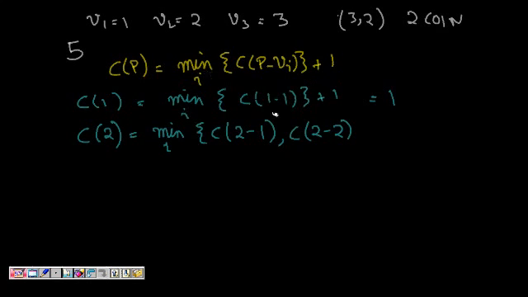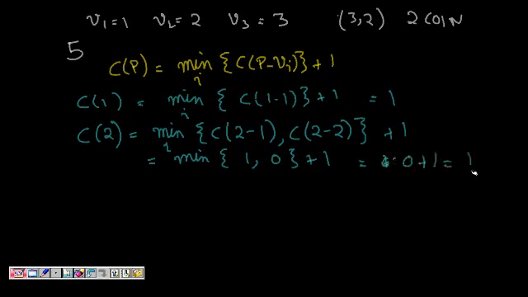So here you can put one more restriction, that the Vi which I am choosing should be less than or equal to P. These are the 2 things I can choose, plus 1. So this is the minimum of C of 1, which was 1, and C of 0, which is 0, plus 1, which means 1. So yes, this is true also. I can make change for 2 using just 1 coin.